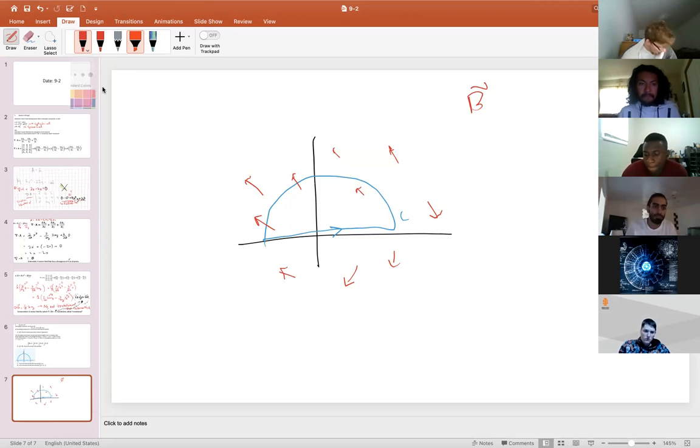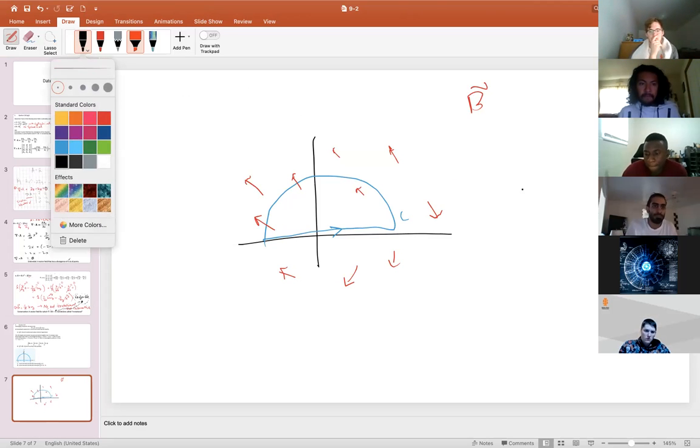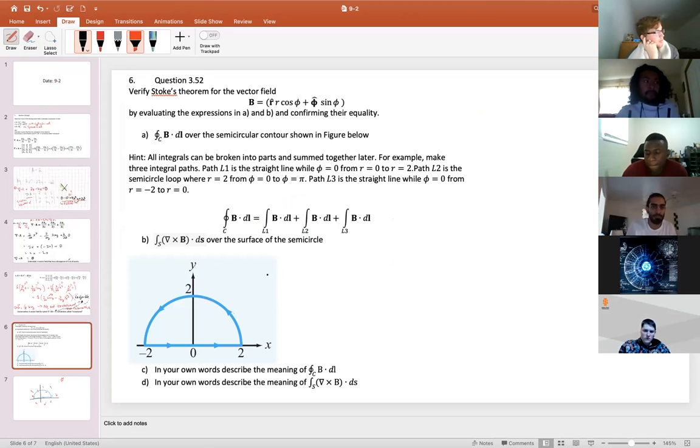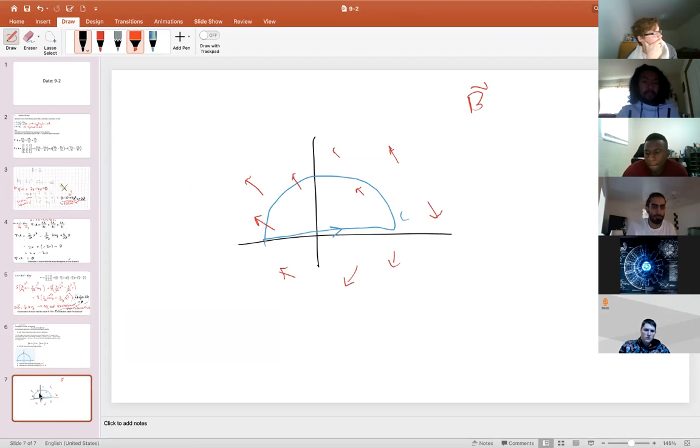Stokes' theorem tells us a special relationship between this field and this contour. That special relationship says that if we go all the way around the contour, taking the dot product with the field and add it all up, we're going to get some result. So what does that mean?